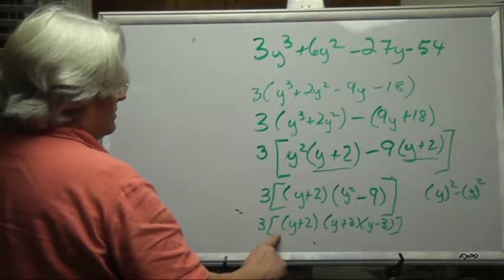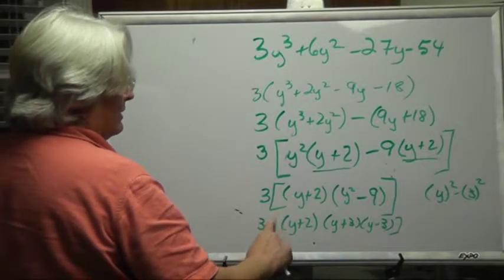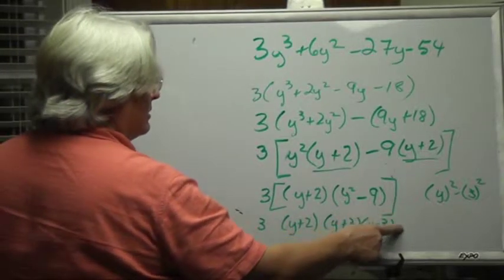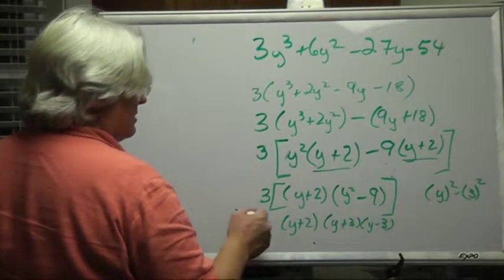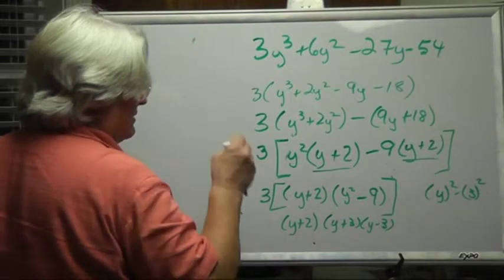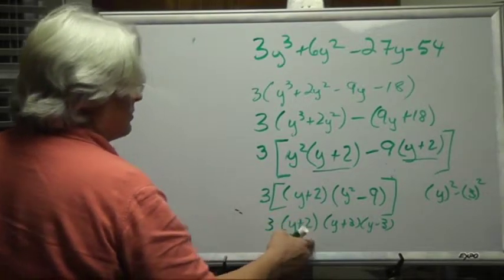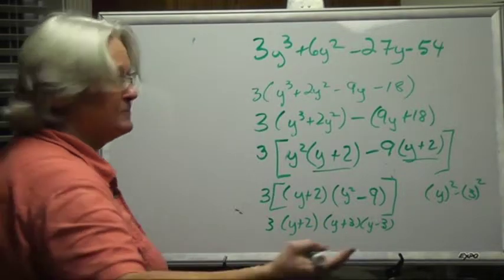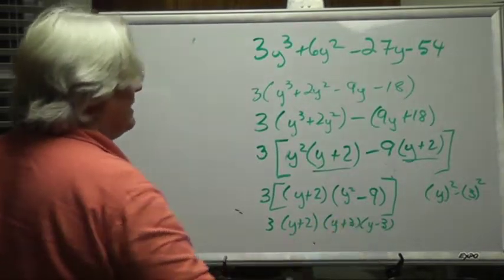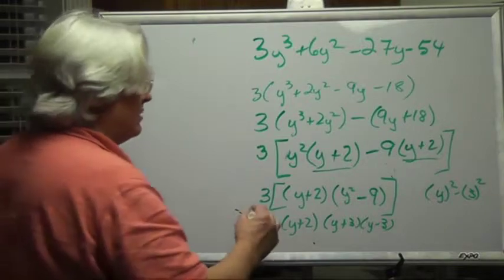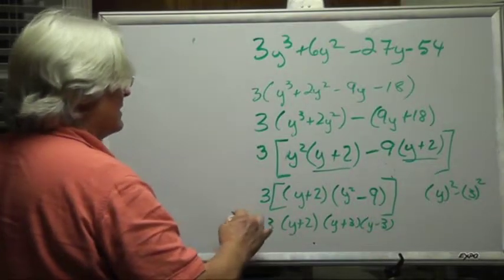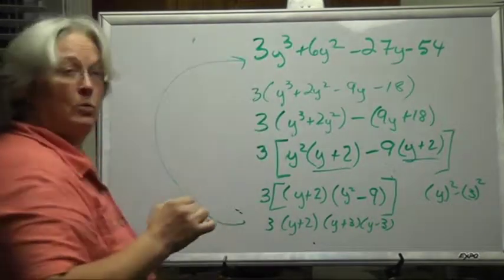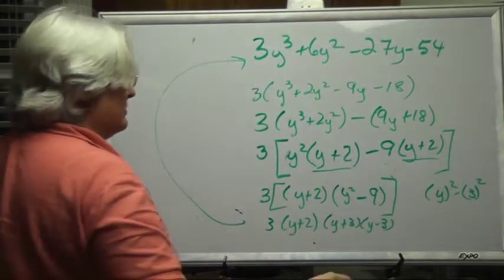And at this point, our little bracket becomes redundant or unnecessary. So we actually have 3 times the quantity y plus 2 times the quantity y plus 3 times the quantity y minus 3. Go back through, multiply all of this together, and you will end up with the original expression.